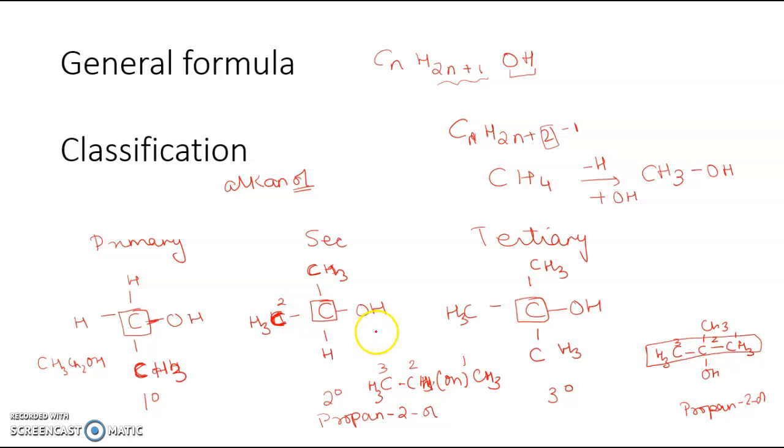That concept is quite similar to the secondary alcohol that I've shown here, but on position 2 you've also got a methyl group. So this is 2-methylpropan-2-ol, which is an example of a 3-degree alcohol. And it's quite important to understand the meaning of these 3 different classifications or categories of alcohol, because based on the 1-degree, 2-degree, 3-degree, you will have to oxidize and carry out some reactions. So it's quite important to differentiate between them.